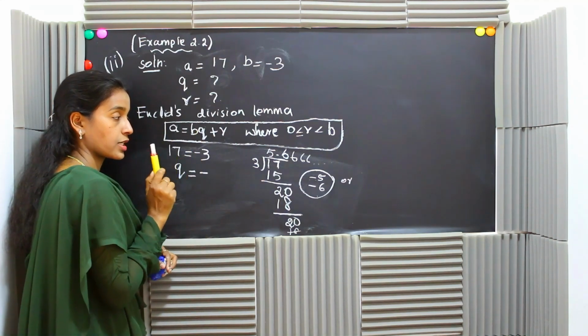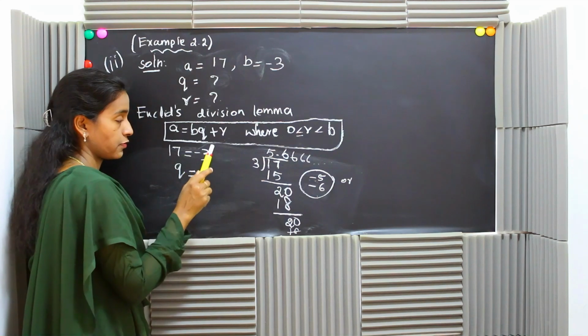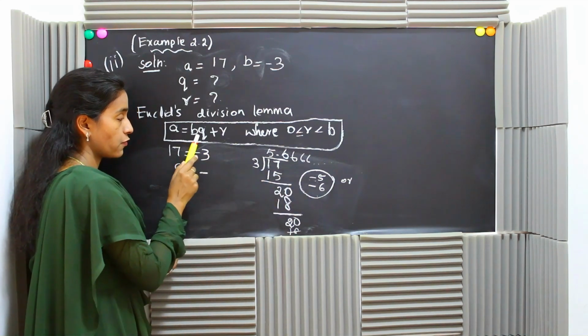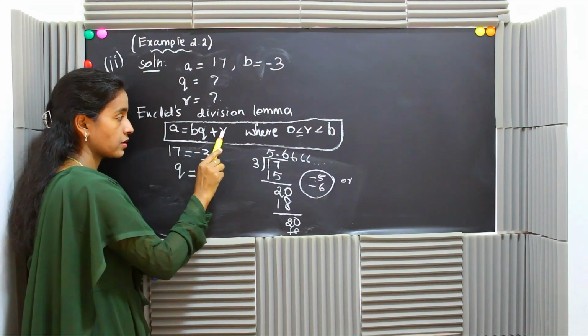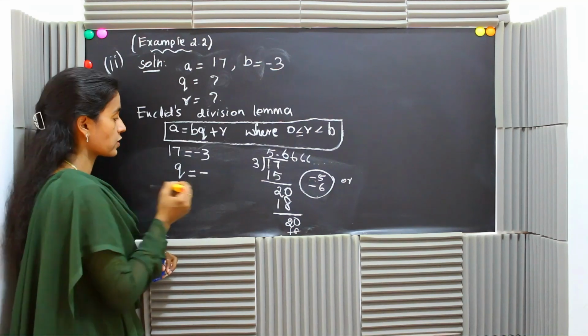I have to check whether, if I am applying minus 5 for Q, I am getting R as a positive number or not. So I am taking minus 5 first.